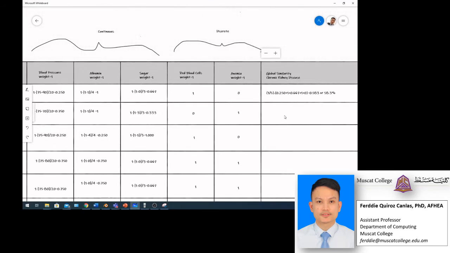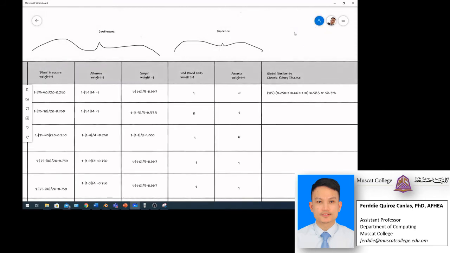For the next one we could write in here 1 divided by 5 multiplied by 0.750 plus 1 plus 0.333 plus 0 plus 1 equals.